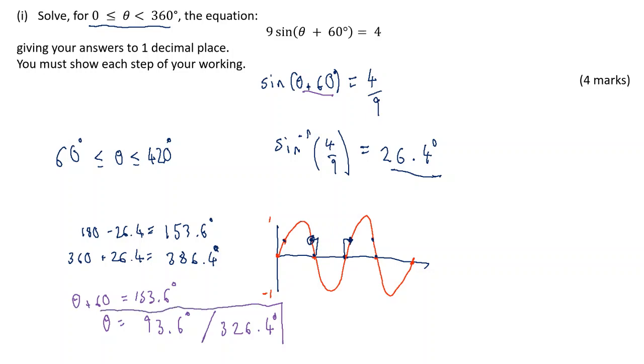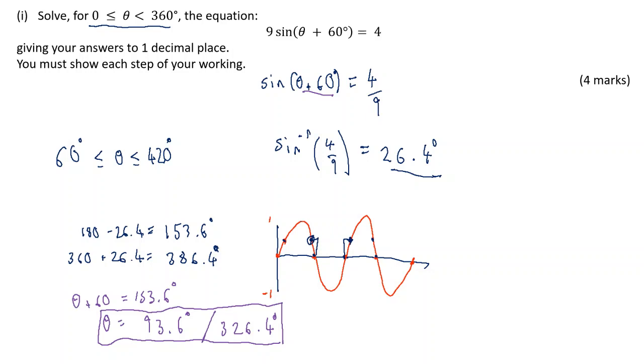And this is good because they are both within the original range of 0 to 360, which is what we wanted. Now, as a quick check, you could take your values for what theta could be. For example, if we take 93.6, do 93.6 plus 60, then do sine of that, then times that by 9.